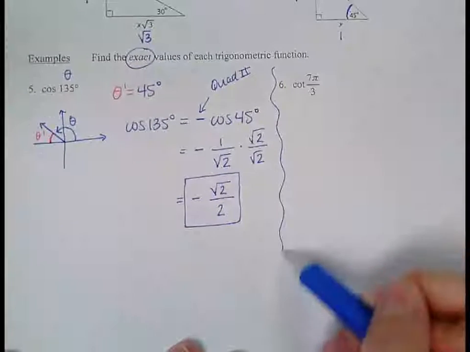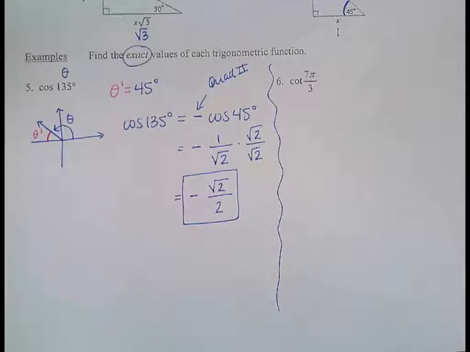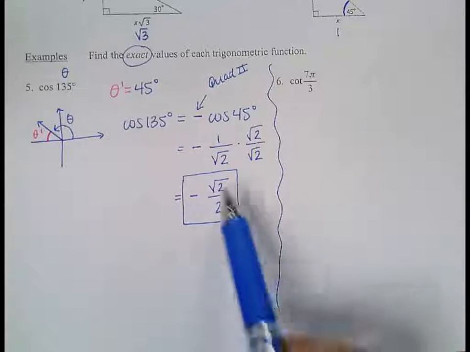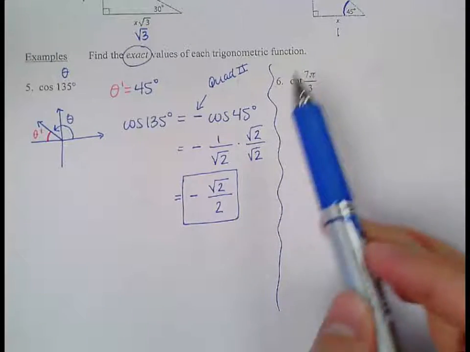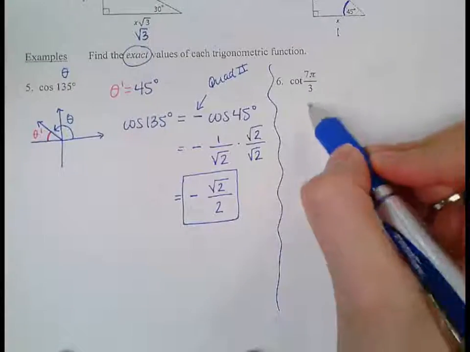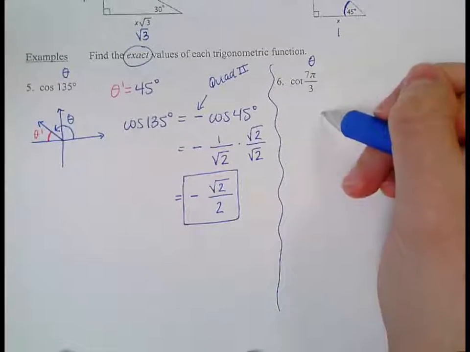All right, example 6, very similar, but here we have cotangent, so we have a reciprocal function. That's okay. We also have a radian measure, not a degree measure. So your answer is not going to be in degrees or radians. It might be easier for you, and I'll show this as well, if somewhere in the problem you do convert to degrees. But I'm just going to sketch this angle theta, 7 pi thirds.